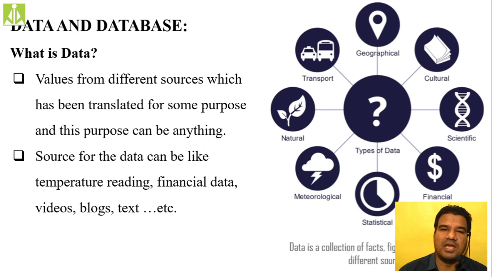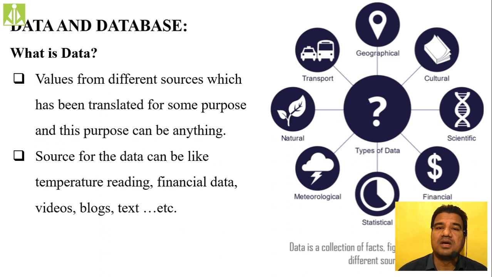Even if it is a departmental store, a shopping mall, a movie theater, a hospital, or some department of the government like the fire department or police department, everywhere we are going to have data. When we talk about the police department or the defense department, they have to maintain the crime record, the growth or decrease of crimes.